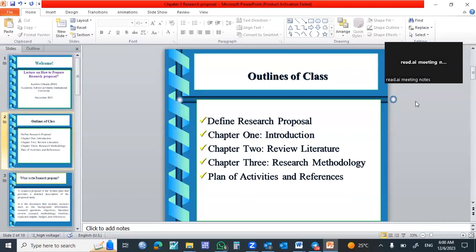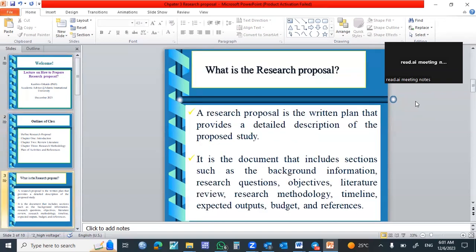Finally, the plan of activities and references will be our topics to cover in this lecture. If you have any suggestions or questions, please keep them in mind and bring them at the end of my presentation. Keeping this in mind, let us proceed with our lecture by addressing what a research proposal is.